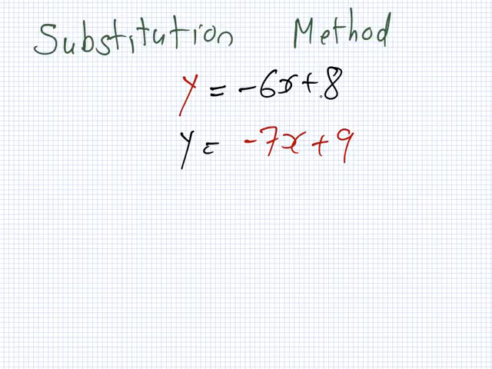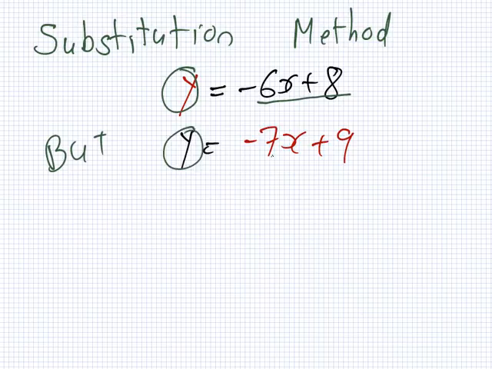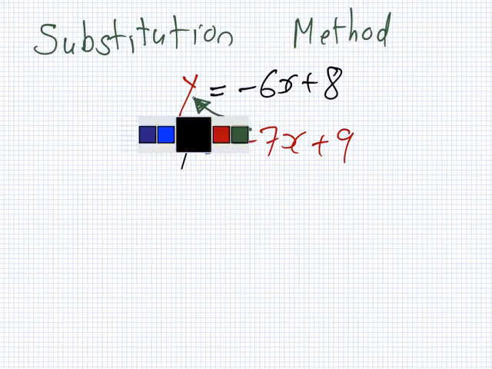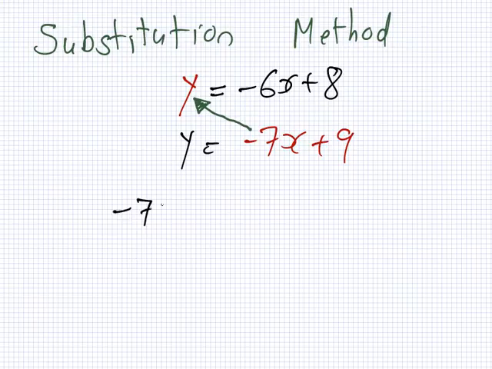Look. So see here, y equals minus 6x plus 8, but y also equals minus 7x plus 9. You get the idea now? So this can move here. Substitution. They change. So you get minus 7x plus 9 equals minus 6x plus 8.